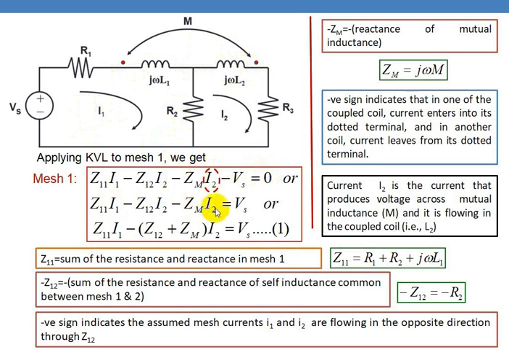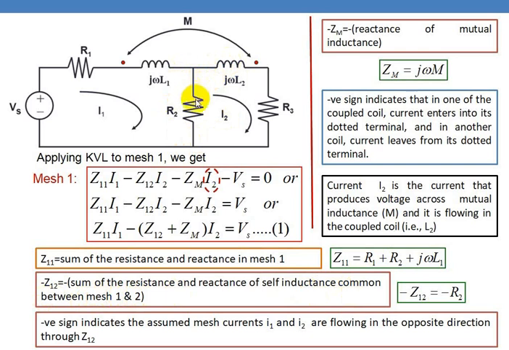Again, the same thing is written here, Vs on the right hand side, and the I2 terms are combined. So Z11 is nothing but the sum of all the resistances and reactances in this first mesh. What is Z12? It is the sum of the resistance and reactance of self inductance common between mesh 1 and mesh 2. That is this part.